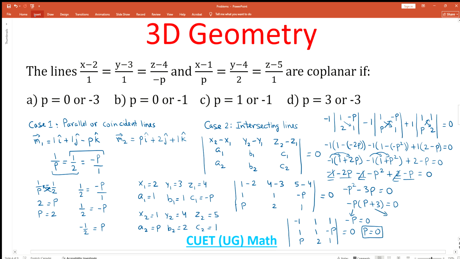And from the second factor, I get p equals negative 3. So these are the two values of p for which the two given lines are coplanar. So the answer should be option A. This should be the final answer for this problem.